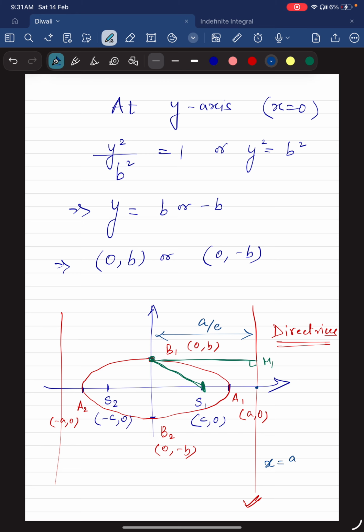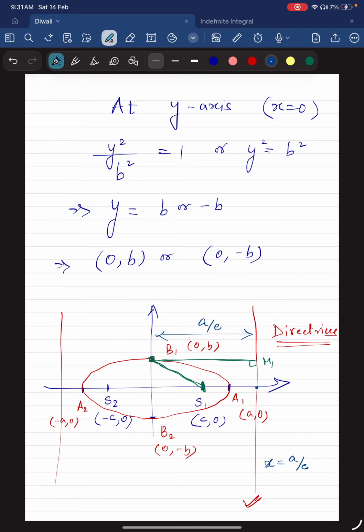Now the equation can be clearly stated as x is equal to A by E, as it is a vertical line. And I can clearly say that this directrix would be placed on the right side of the vertex A comma 0.